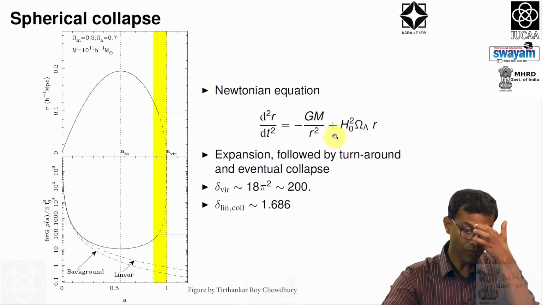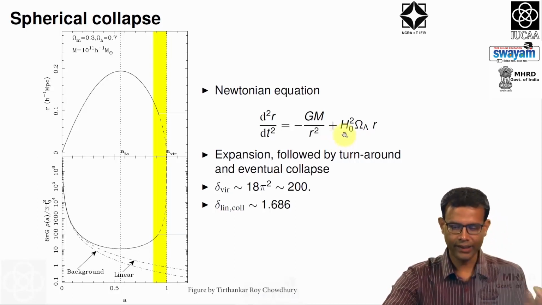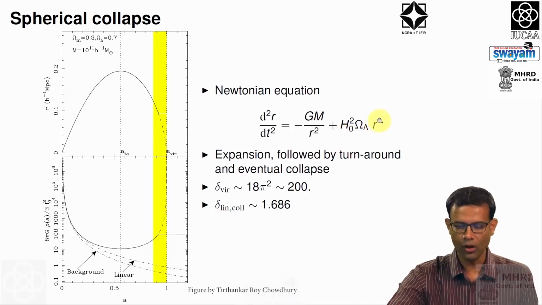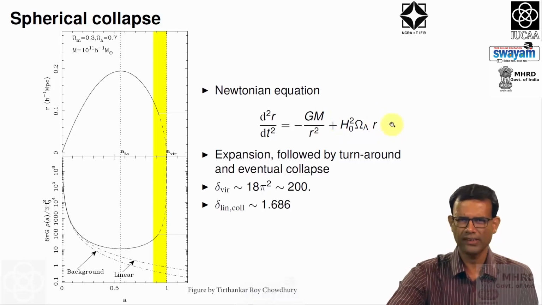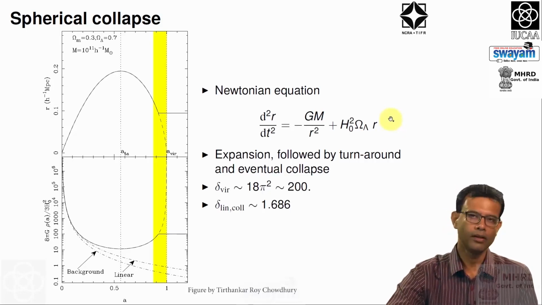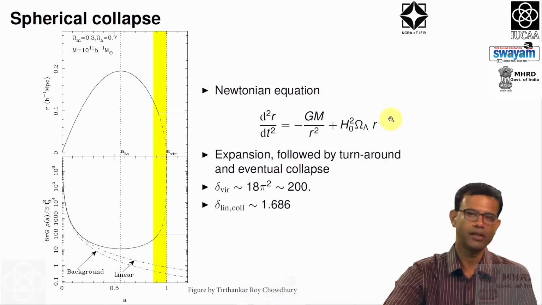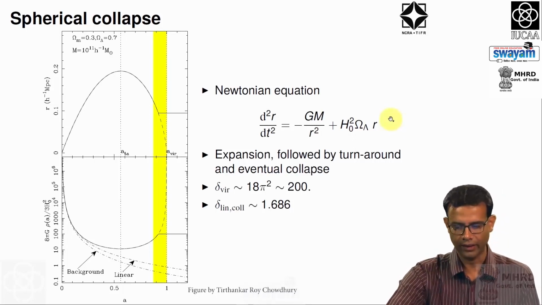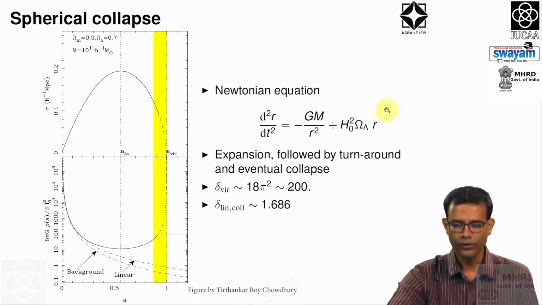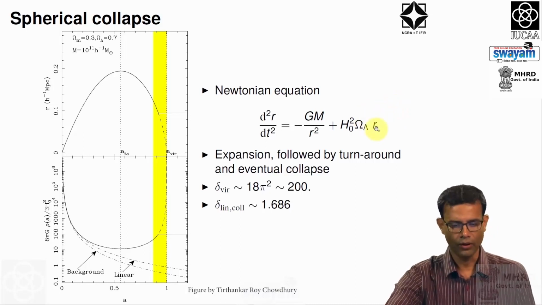But in most cases, at galactic scales, because r is so small, this term does not play any important role. That is why we do not see the effect of the cosmological constant when we look at our galaxy or even larger scales like clusters. So, often this term can be ignored.